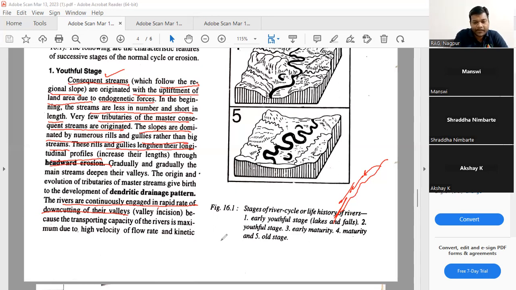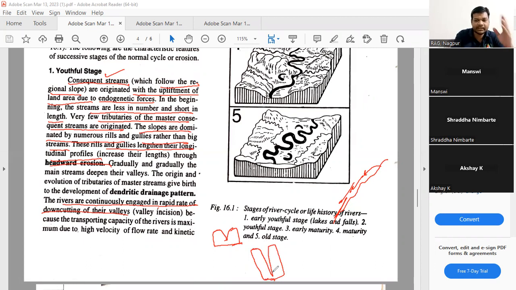That means, if this is the cross section of a valley, on the hill slope actually, then rapidly by the down cutting, the valleys become like this.